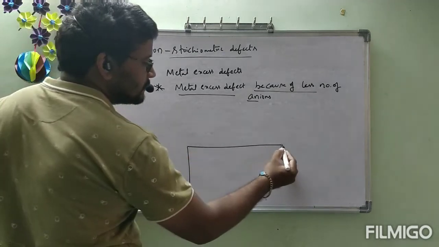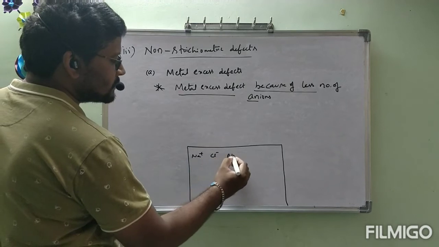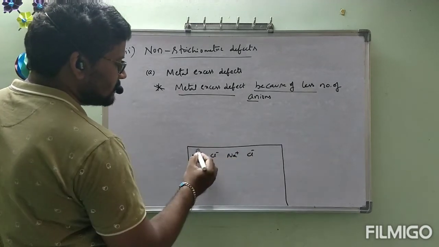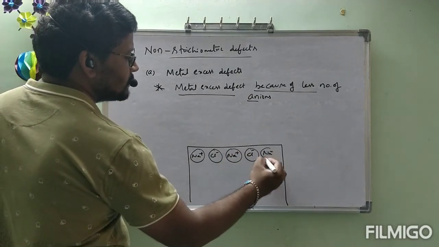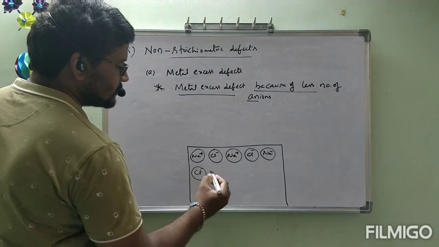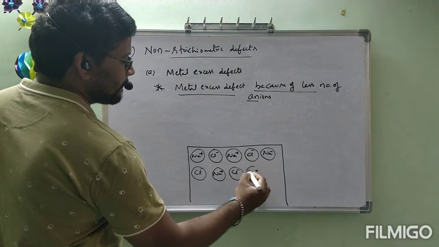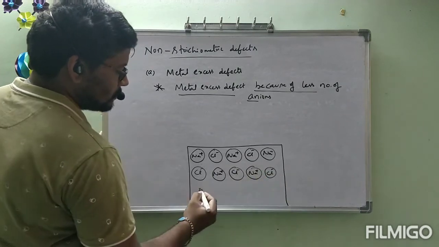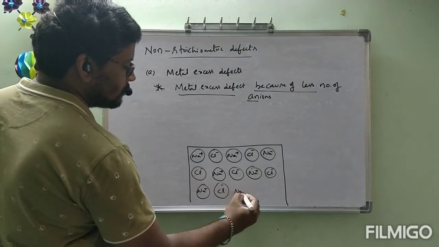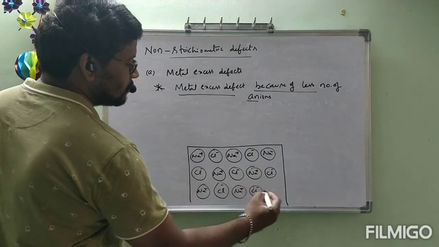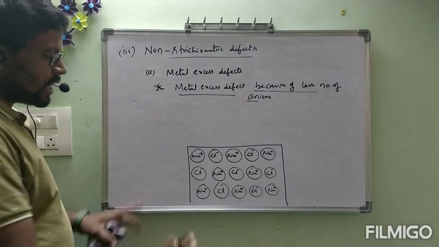We have an NaCl crystal. Na plus Cl minus, Na plus Cl minus, Na plus Cl minus, Na plus. This is the NaCl crystal, a normal crystal only.